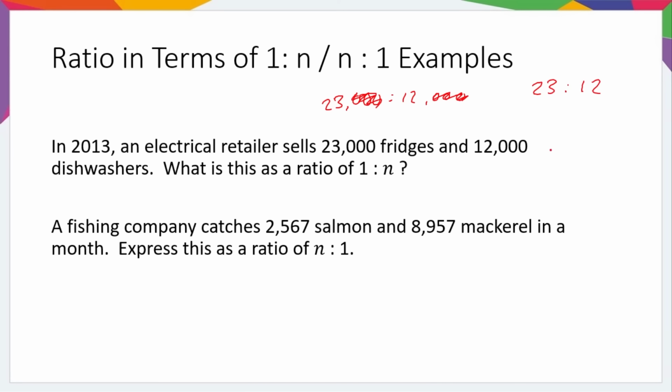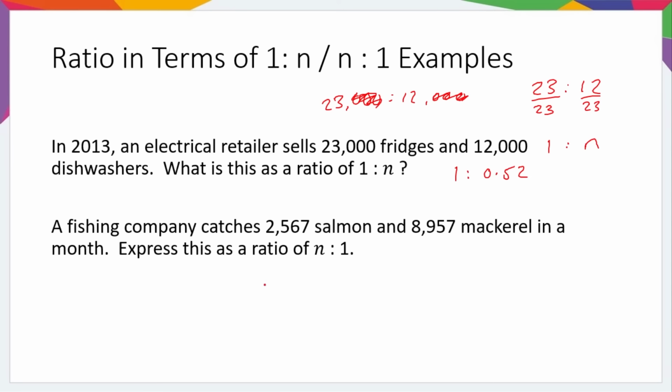Now 1 is on the left, so we're going to divide both numbers by the left-hand number, which is 23, because 23 divided by 23 gives me the 1. So our n value is going to be 12 divided by 23, which is 0.52. So that's a ratio of 1 to 0.52 to 2 decimal places.